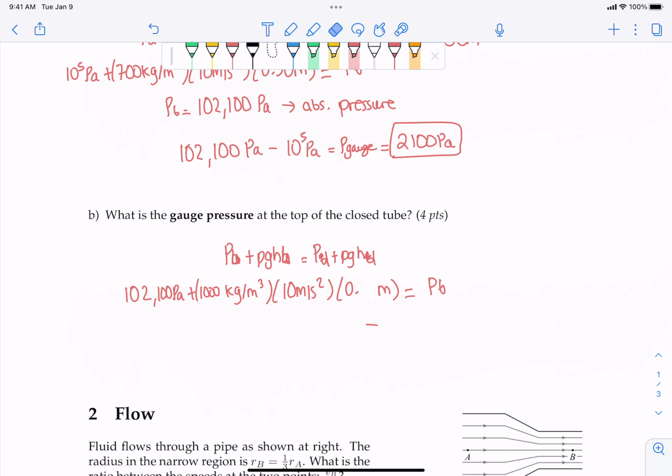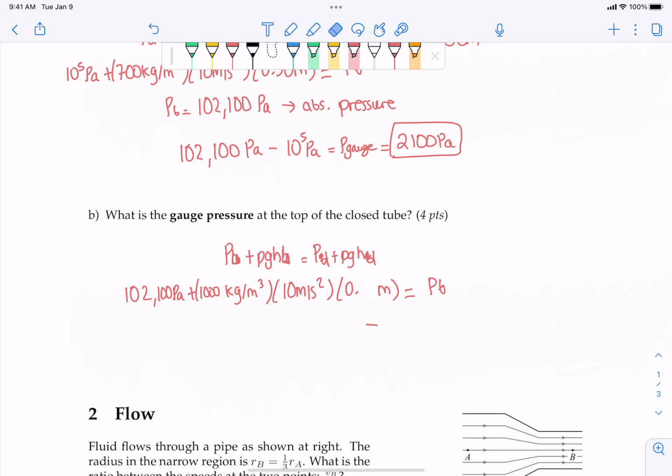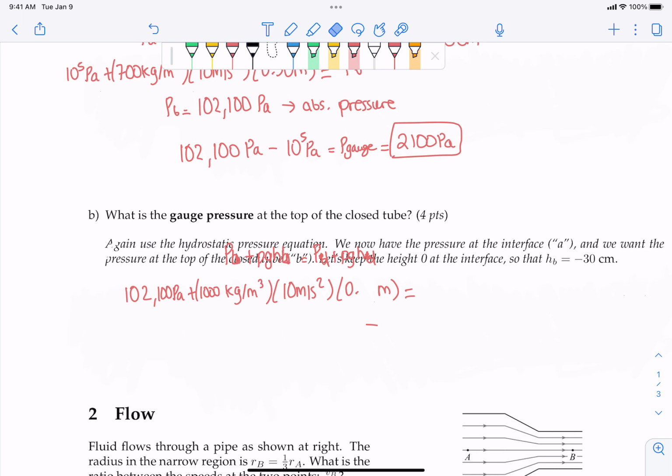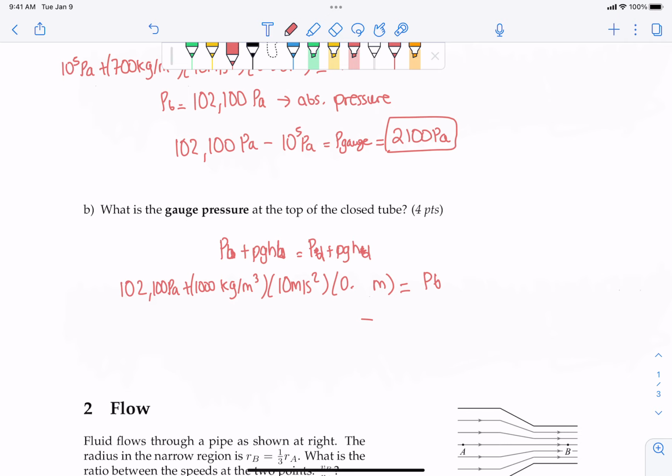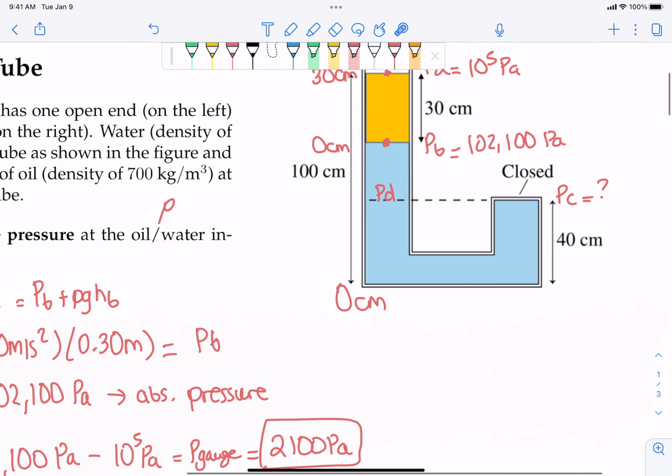All right, this is PD. Let's call that PD, right? So we said before that we're going to set PD as 0 centimeters and PB as 30 centimeters again.